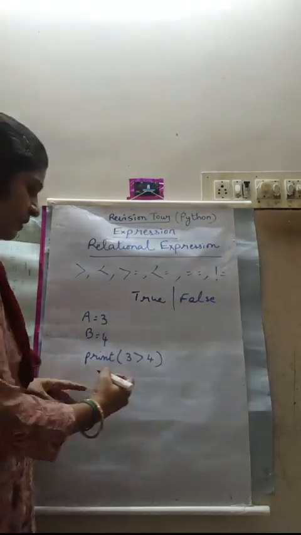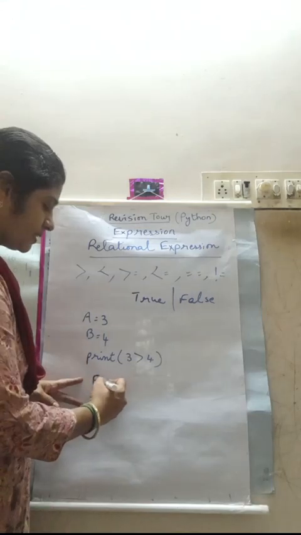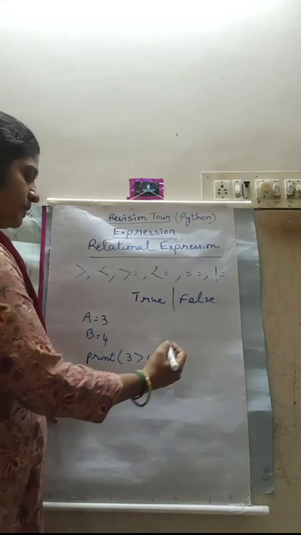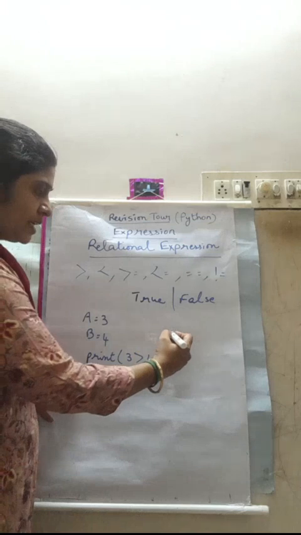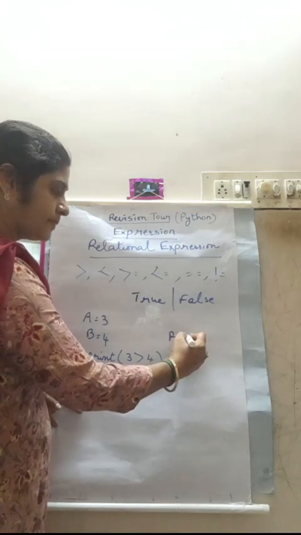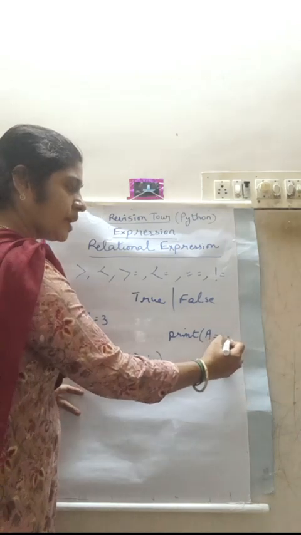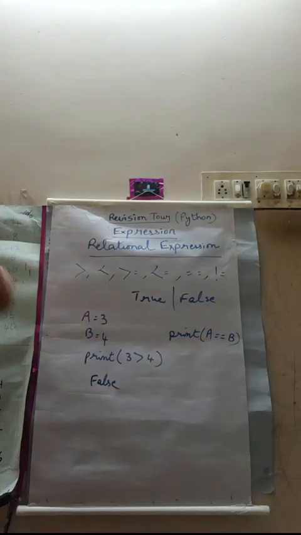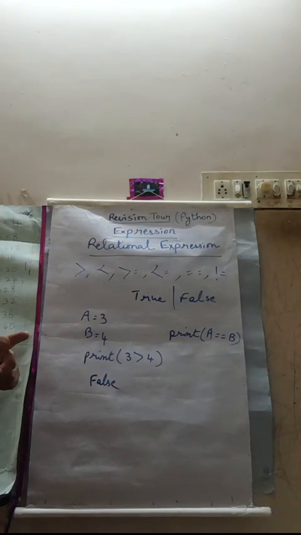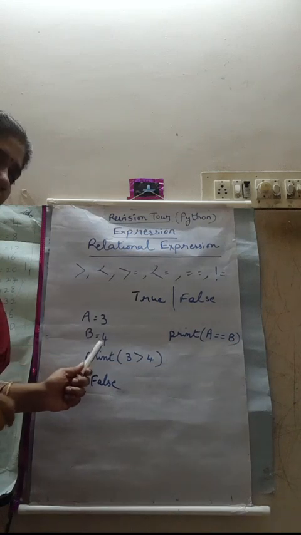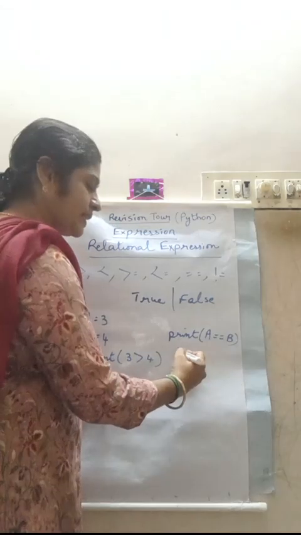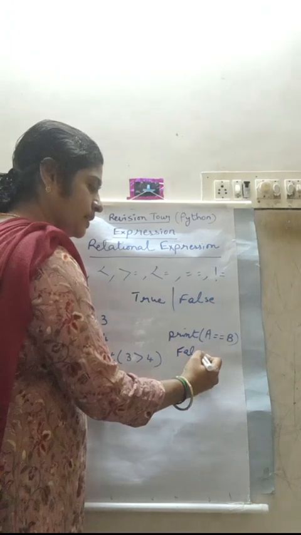So the answer would be false. If I write print A equal to B, what will the answer be? Is A equal to B? No. Again you will get false.